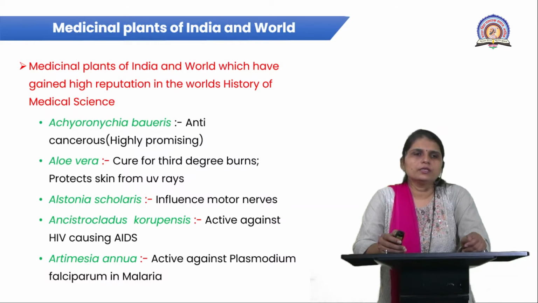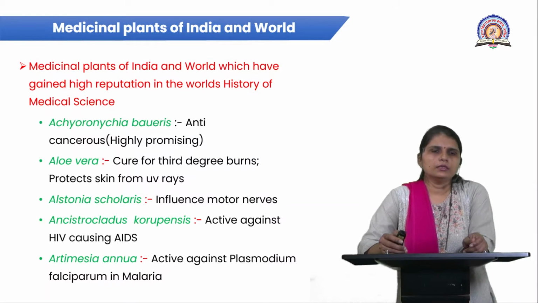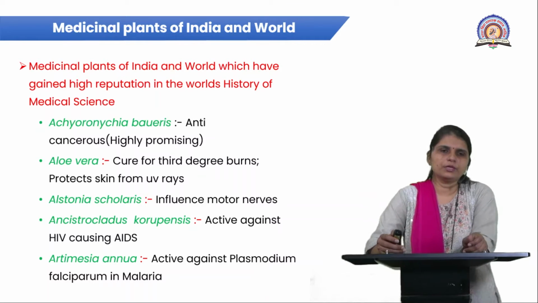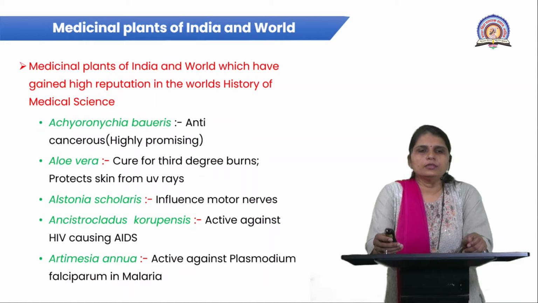Then next one is aloe vera, common name Korphad, used as medicine as a cure for third degree burns, to protect the skin from UV rays, and it is also used as a cosmetic. Then next one is Alstonia scholaris. It is used as medicine that influences motor nerves.